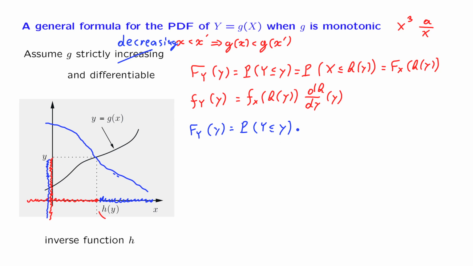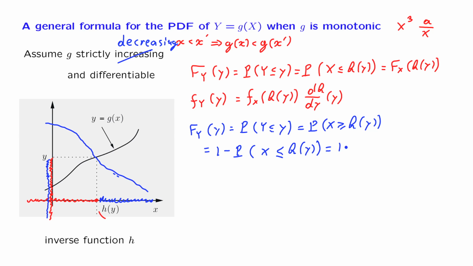So the event of interest in that case is the event that x is larger than or equal to h of y, which is 1 minus the probability that x is less than h of y. Because x is a continuous random variable, we can change this inequality to one that allows the possibility of equality.